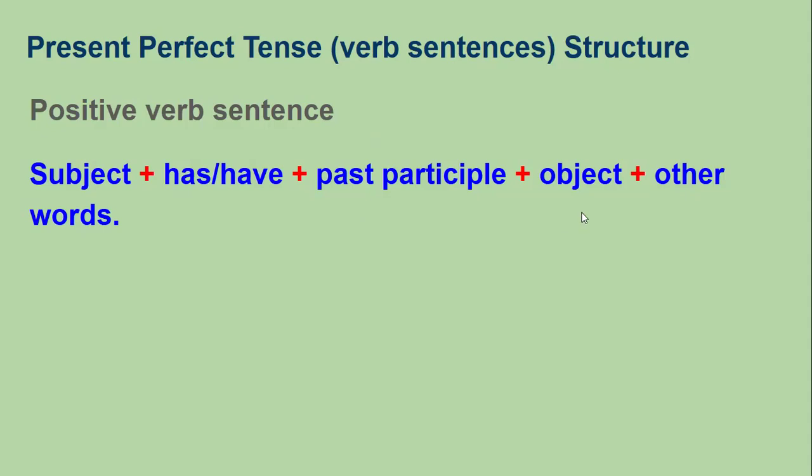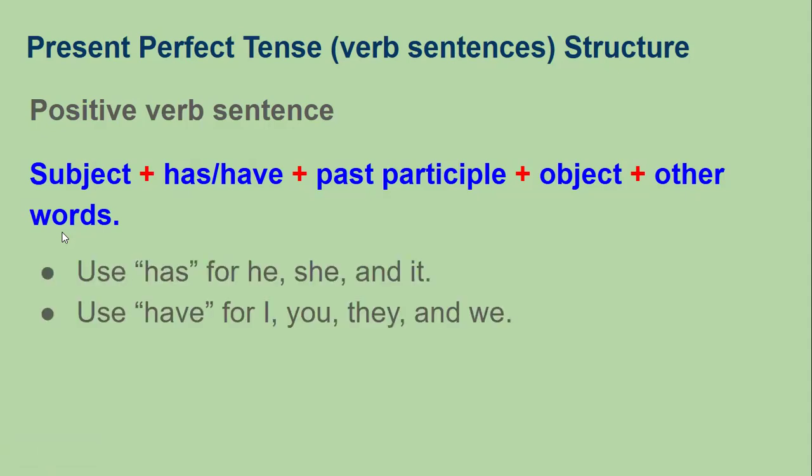After the past participle, you need the object. After the object, you then need other words. Okay? Now the rule says, use has for the subjects he, she, and it. Use have for the subjects I, you, they, and we. Okay? So it means if your subject is a he, she, or an it, you use has.